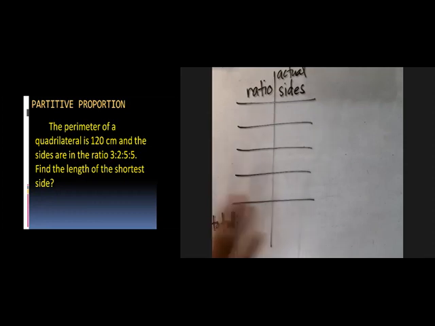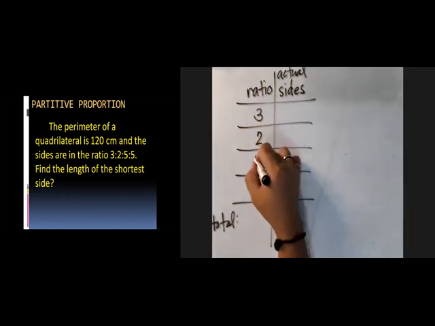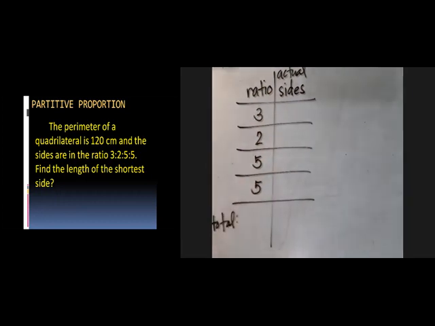Now, let's fill in this with numbers. Let's begin with our ratio. 3:2 is to 5 is to 5. So, under the ratio column, we have 3:2 is to 5 is to 5. So, a quadrilateral has 4 sides. O, di ba? So, 1, 2, 3, 4. May apat tayong terms.